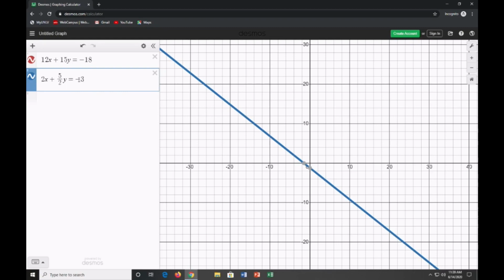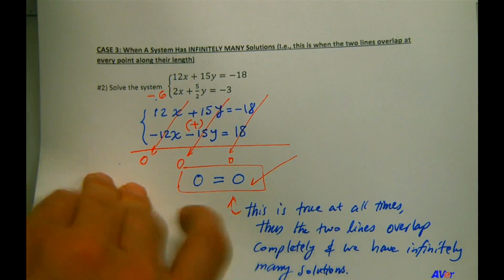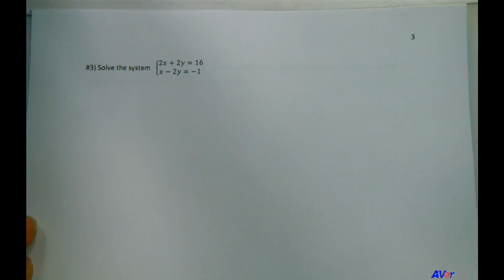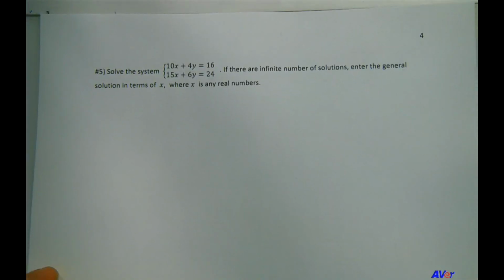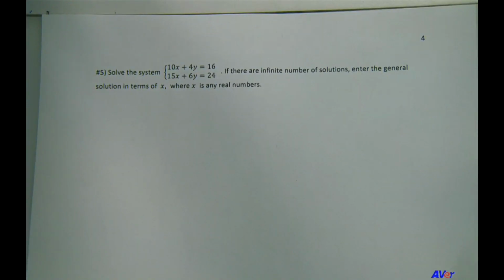Okay, so let's go back to the doc camera. I have a few examples here for us to solve. This one, I highly encourage you to please pause the video. We have 3 examples left, number 3, number 4, and number 5. As you know, the blank worksheets are posted on Canvas.